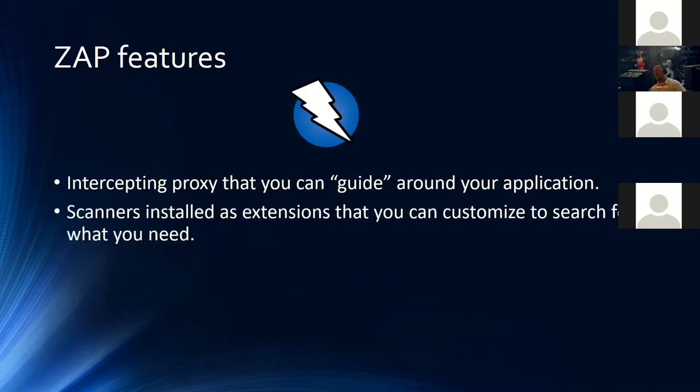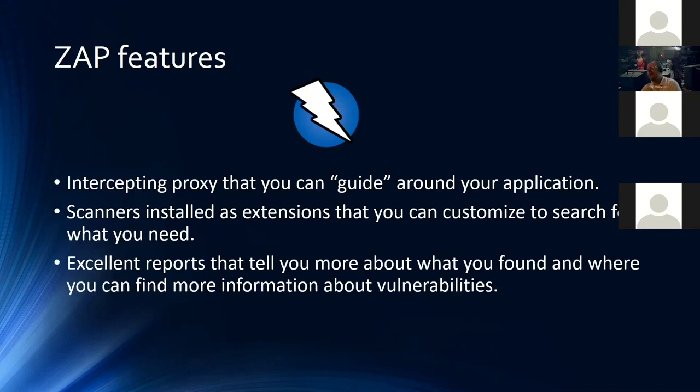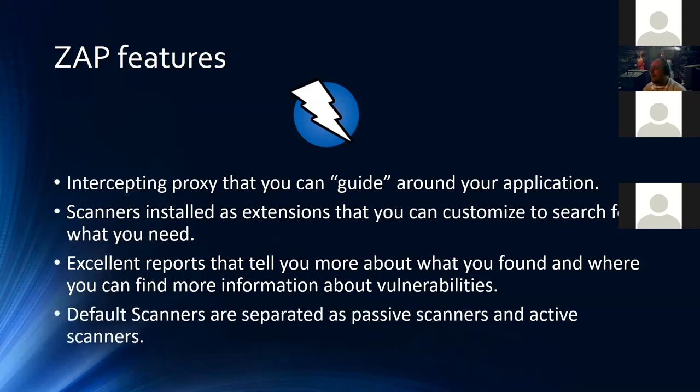And it has a number of scanners that it can run from the tool that's installed as extensions, so they can be added, removed, customized and adjusted for whatever you need. It has a very, very good reporting system in it that builds up and tallies what it finds and can, at any time you request it, deliver a report, and we'll go into a little bit more about that in a second.